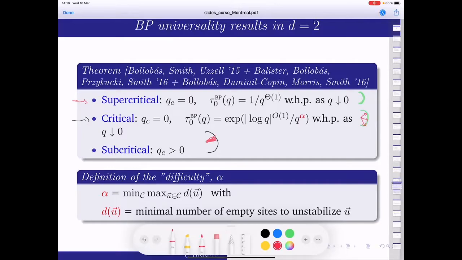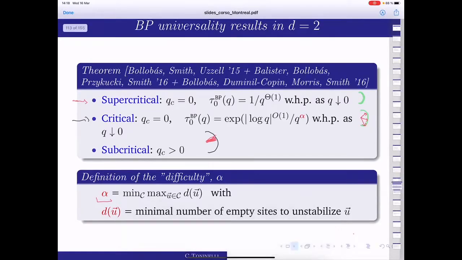And this alpha is a minimum over all the possible choices of the semicircle, of a maximum over all the possible stable directions on that semicircle, of this minimal number of empty sites which are needed to make the direction unstable, to make the bootstrap proceed. I think I have it immediately, or if not immediately, just after an example.